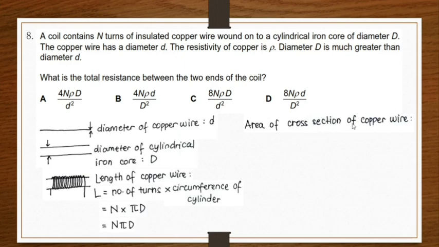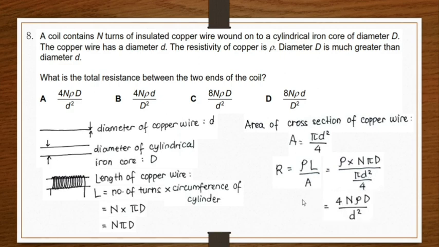So the area of cross section of the copper wire here will be equal to pi d squared over 4. And because R equals rho times L over A, I can substitute L using this N pi D divided by the area of the cross section of the copper wire, pi small d squared over 4.